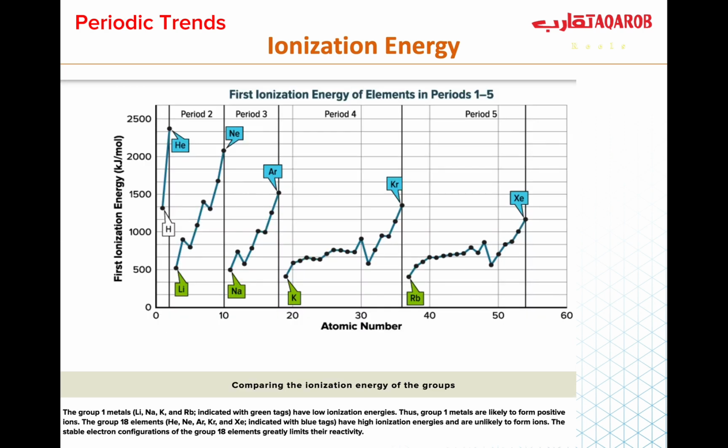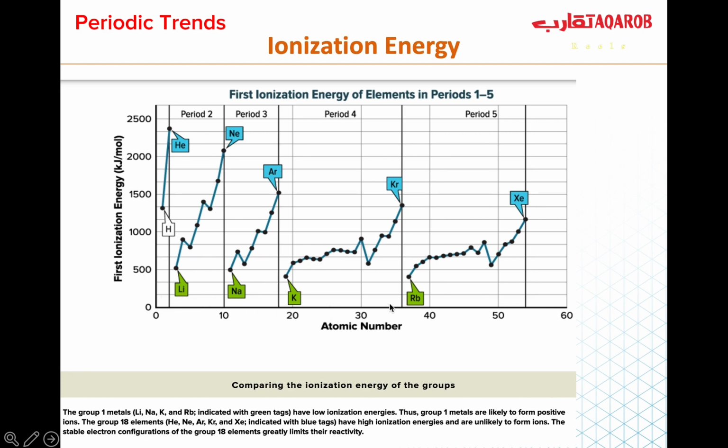The group 1 metals Li, Na, K and Rb are indicated by the green tags. So these are elements in green. They are in the first group.